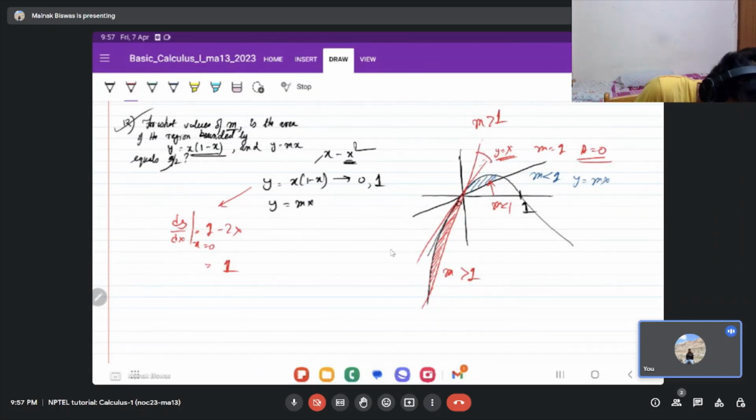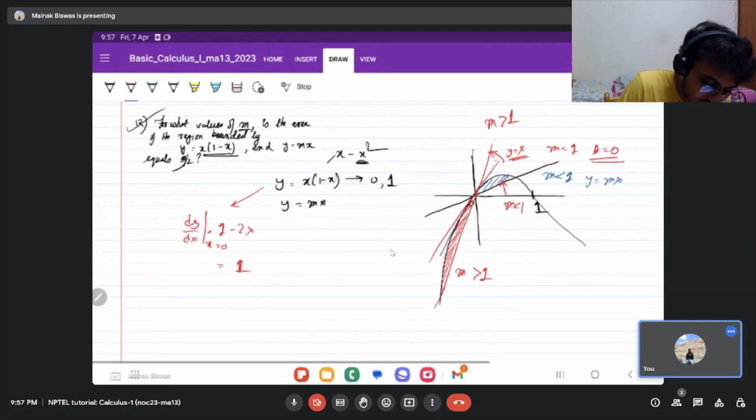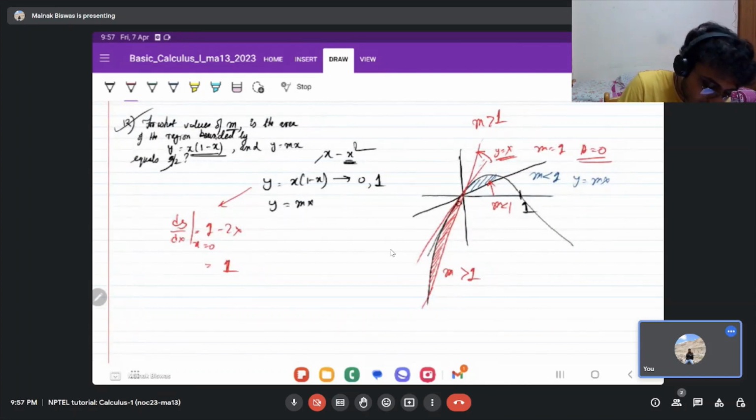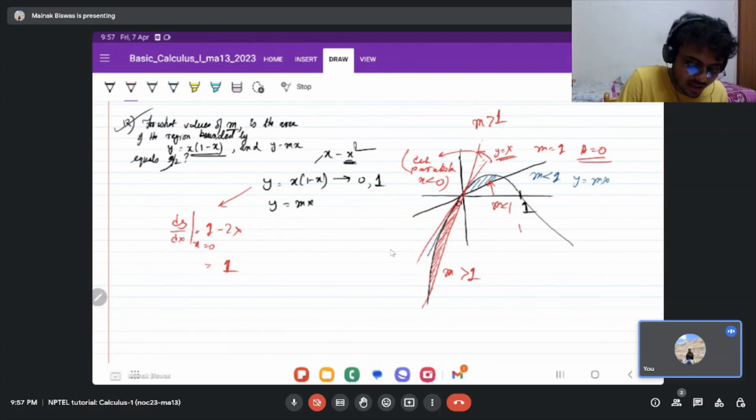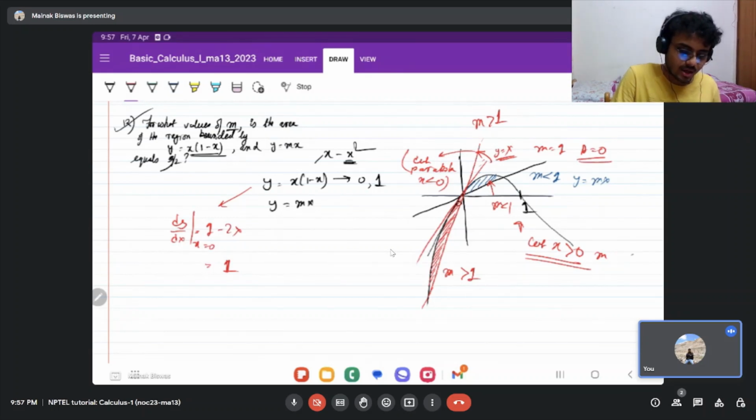So anything above this line will cut the parabola below the x-axis, for x less than 0, and cut for x greater than 0, where m is greater than or less than 1.